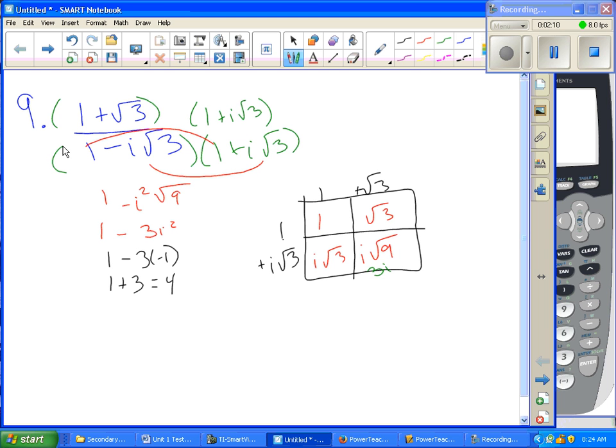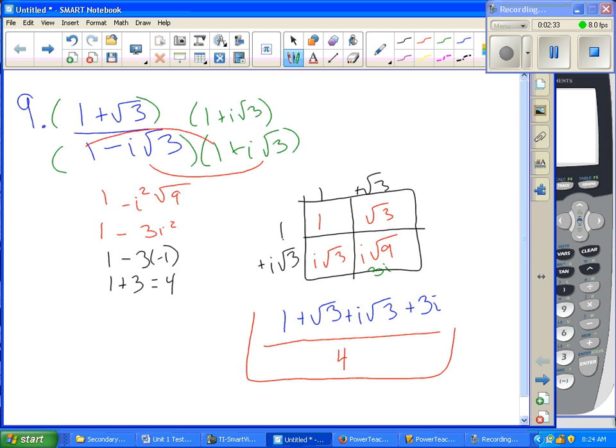So I'm just going to pull out the 1 plus root 3, plus i root 3, plus the 3i. So even though these last two both had an i on it, I can't combine them together because one had a root and the other one didn't. And then that's all over my denominator, which was 4. So this entire thing right here is my answer, which looks like it's corresponding to the P.